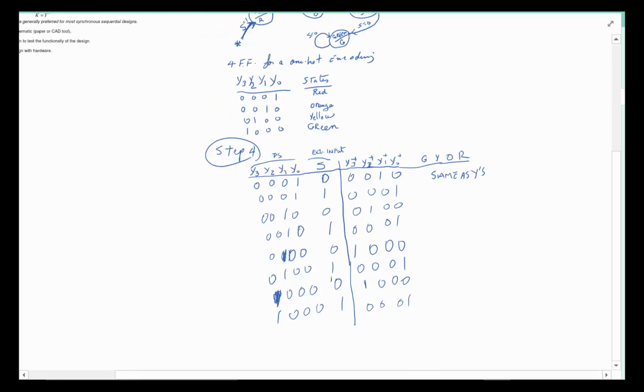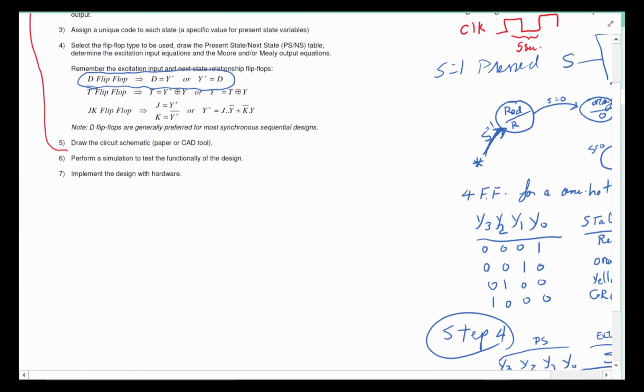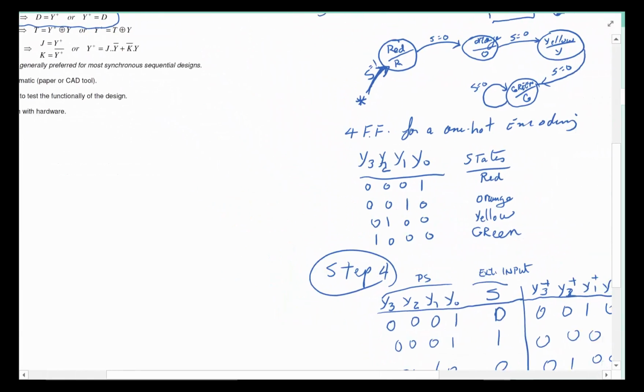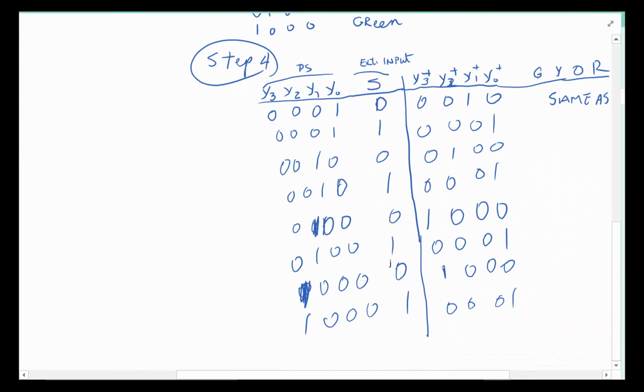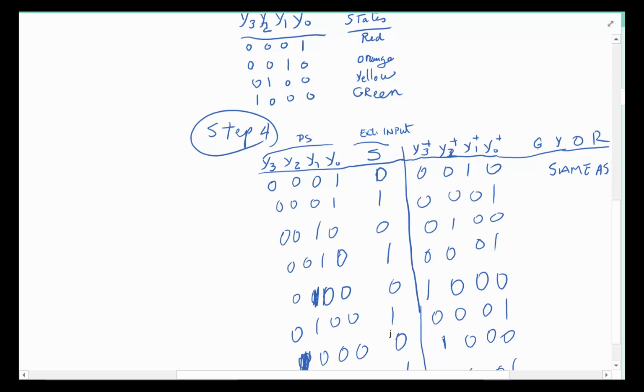The other thing is I go over here and take a look at the D flip-flop. The D flip-flop says that y plus, the next state, and D are the same thing, so the excitation inputs are D3, D2, D1, D0.